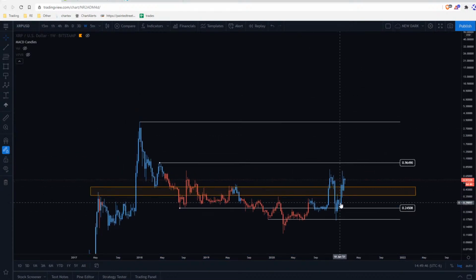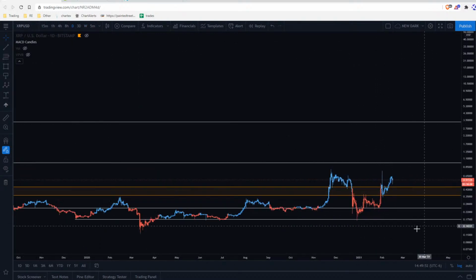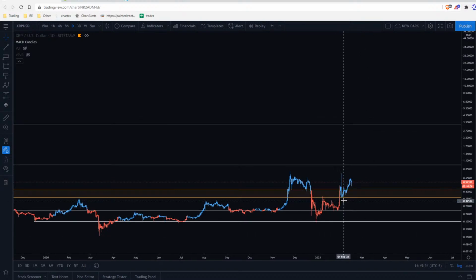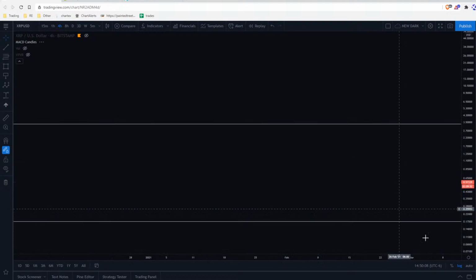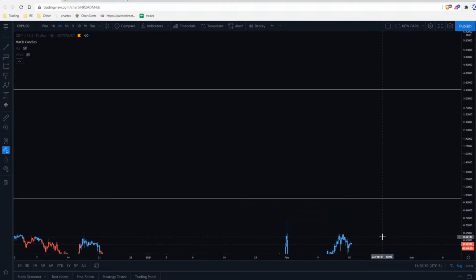So just a simple way, would I be buying right here on XRP? Probably not. Right here was a great buy. I was buying down here and I stopped paying attention and it ripped. I cut the position, so I wasn't in it when it did that rip. But I was looking at it on low time frames.